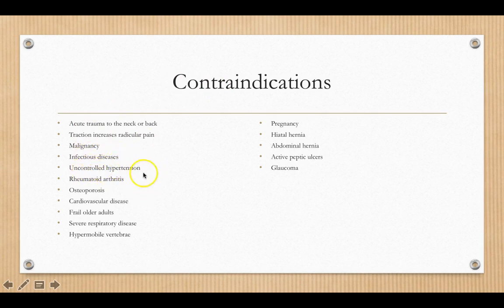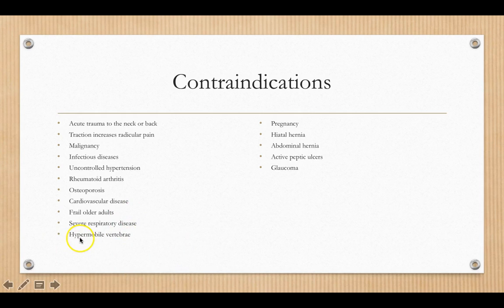Again, any uncontrolled hypertension, high blood pressure, especially with cervical traction, we just don't want to pull in that area. Rheumatoid arthritis or osteoporosis of the bones, we wouldn't want to be pulling on those. Cardiovascular disease, frail older adults, kind of goes along with the osteoporosis. Severe respiratory disease, again, that pressure through the neck can make it difficult for the person to breathe and cause a respiratory attack.